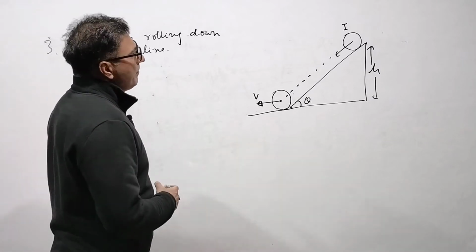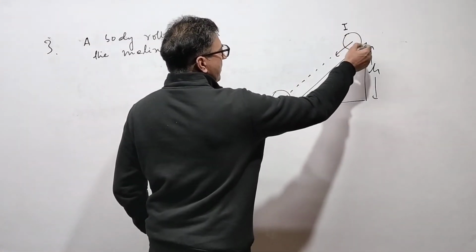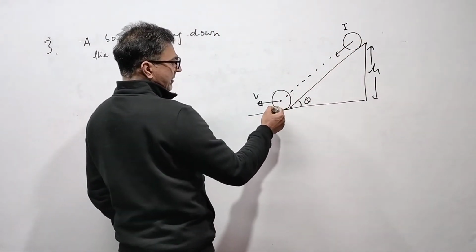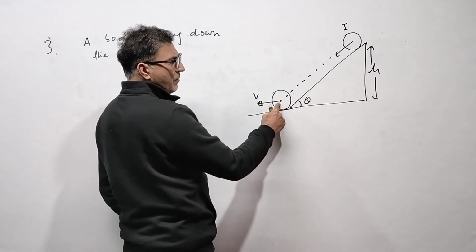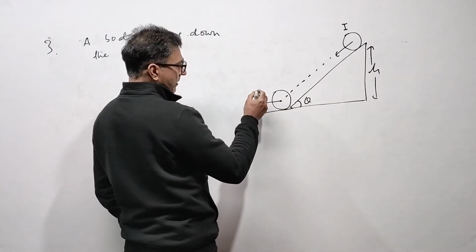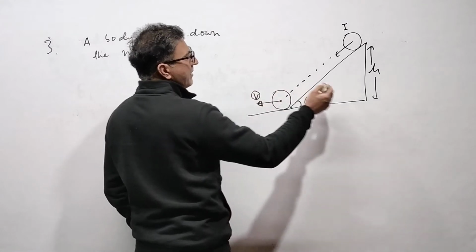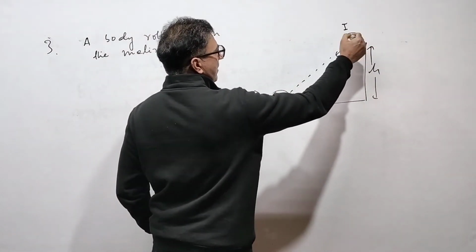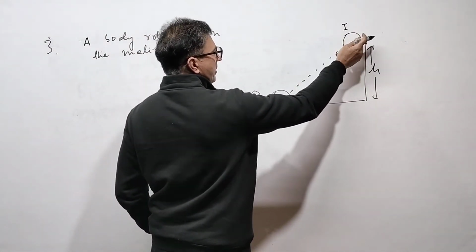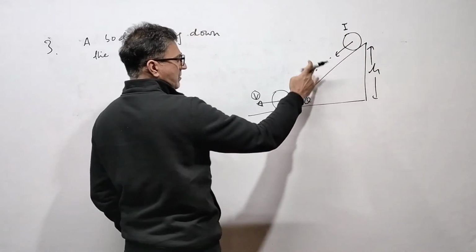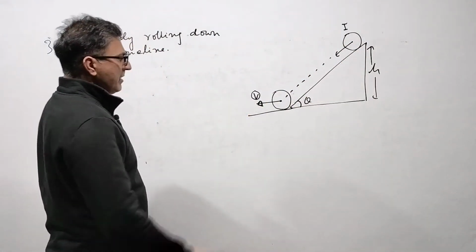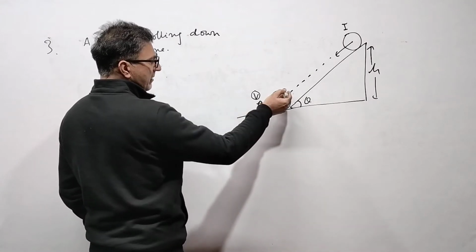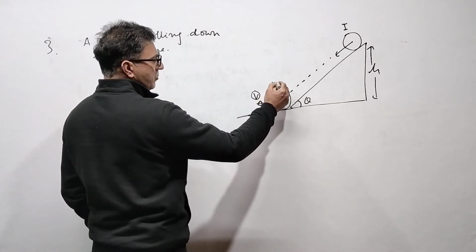Here is one more problem. Here is a body which rolls down the incline, and when it comes to the bottom of the incline, it has velocity v, and it falls from height h, rolling down. But initial velocity was 0. It was not initially rolling, but it rolls down, and finally it has translation velocity v, and it is also rolling with omega.